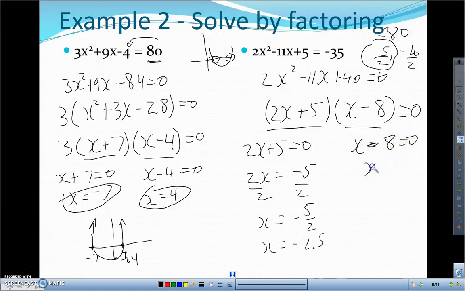That's when x is equal to 8. You could verify that if you put in 5 here, you're not going to get 0. And again, you could substitute these values into this expression, and they should give you minus 35 for both of them. Again, it comes down to a transformation where we find roots.